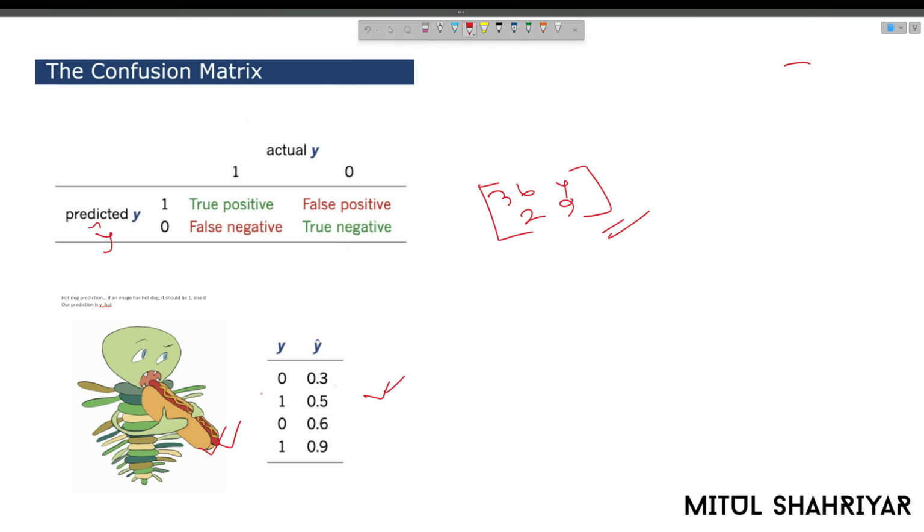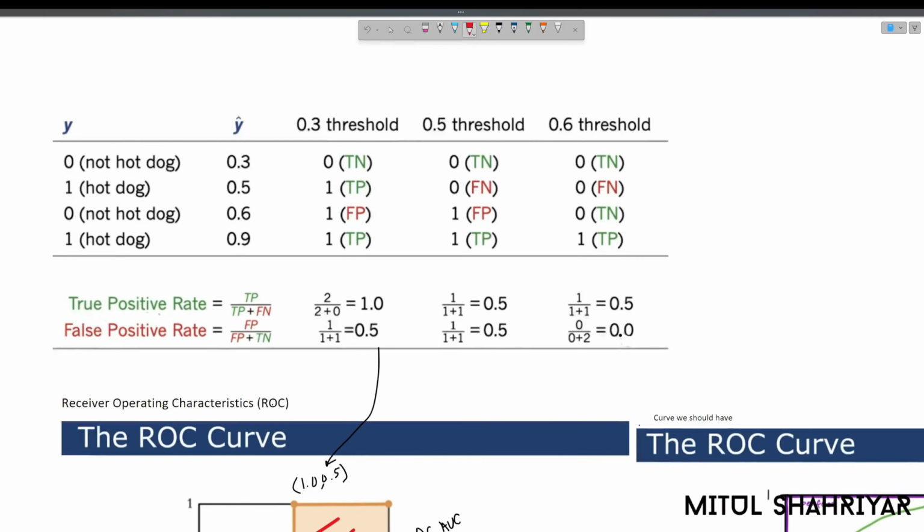If we can detect that it's a hot dog, we will say that y hat is 1, but else it should be 0. Great. So from here we understand that 0 means not a hot dog, and 1 means hot dog for y.